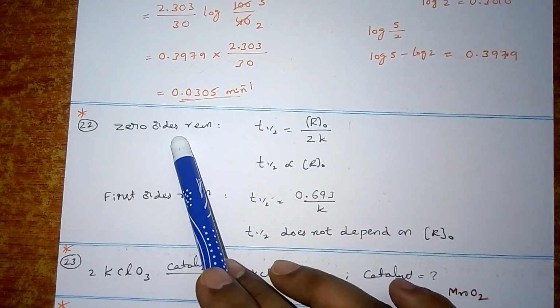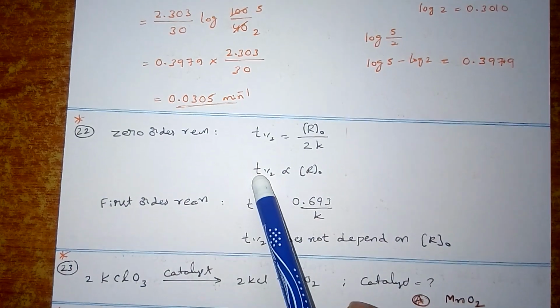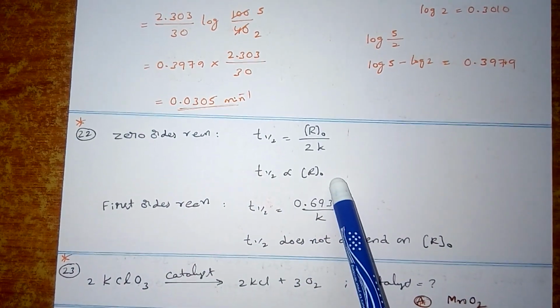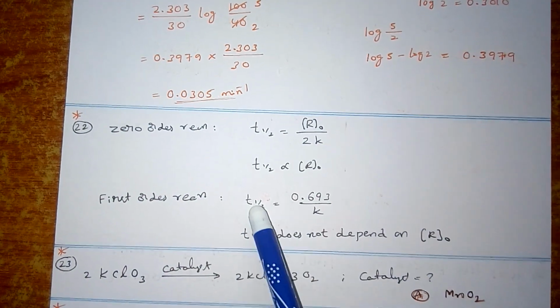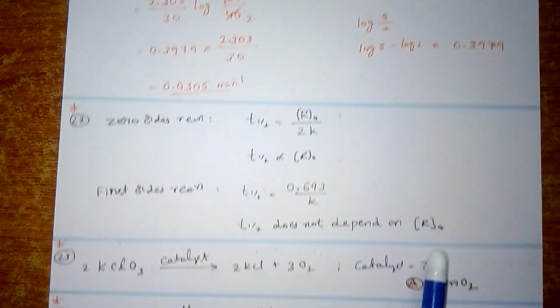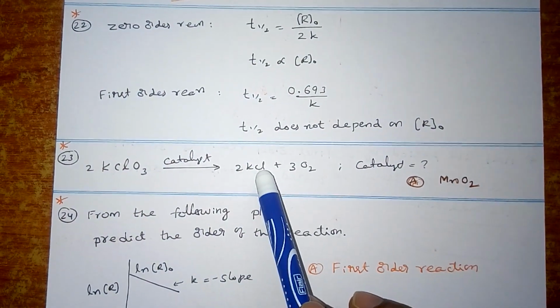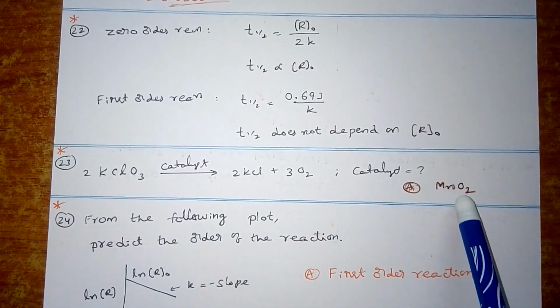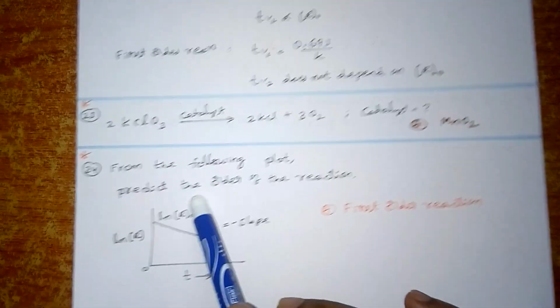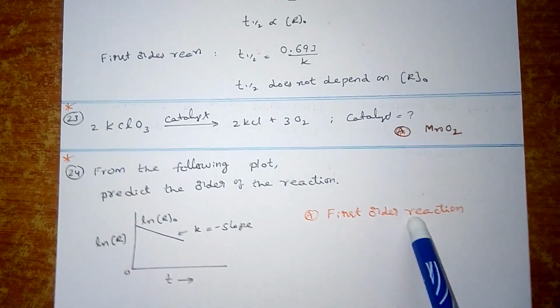And remember this one: for zero order reaction, t1/2 equal to [A]0 divided by 2K, means half-life is directly proportional to initial concentration. For first order reaction, t1/2 equal to 0.693 by K, means t1/2 does not depend upon the initial concentration. Next, KClO3 decomposes on a catalyst to form KCl and O2. What is the catalyst? Answer is MnO2. And a graph was given and asked what is the order of reaction. What is the order of the reaction?